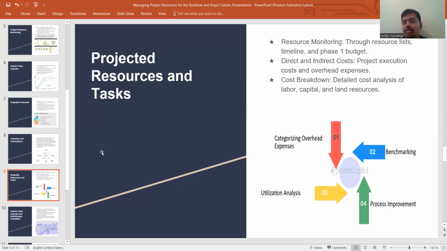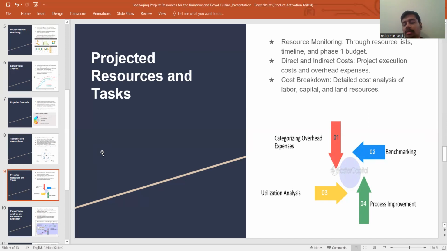And the next one is cost breakdown, a detailed cost analysis of labor, capital, and land resources. For example, for an entire project, a certain amount of labor could be calculated.